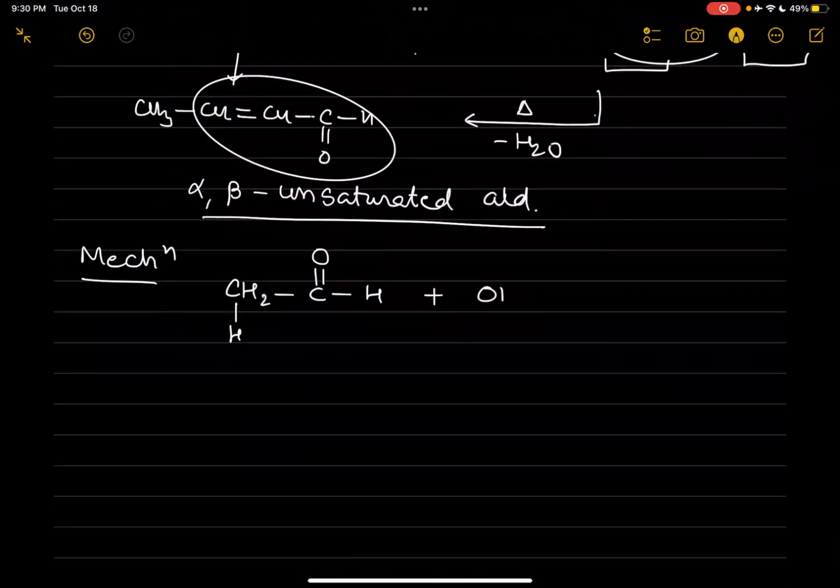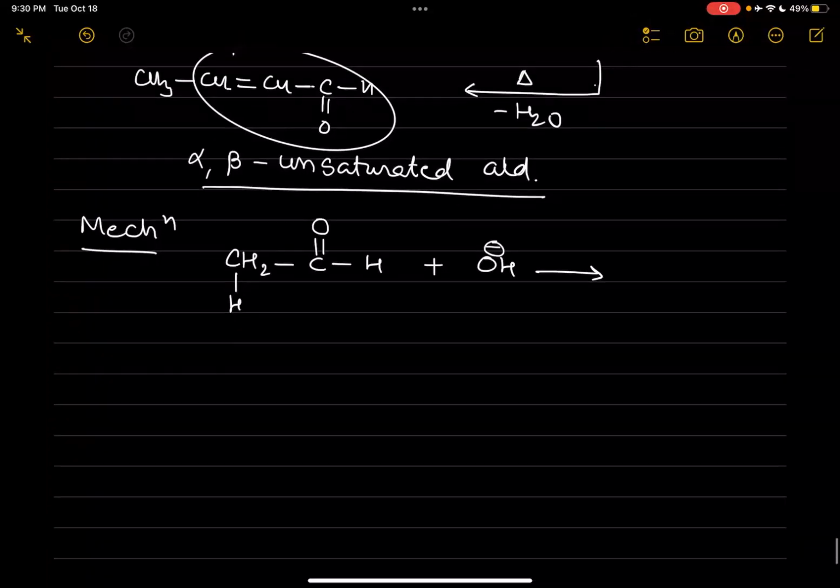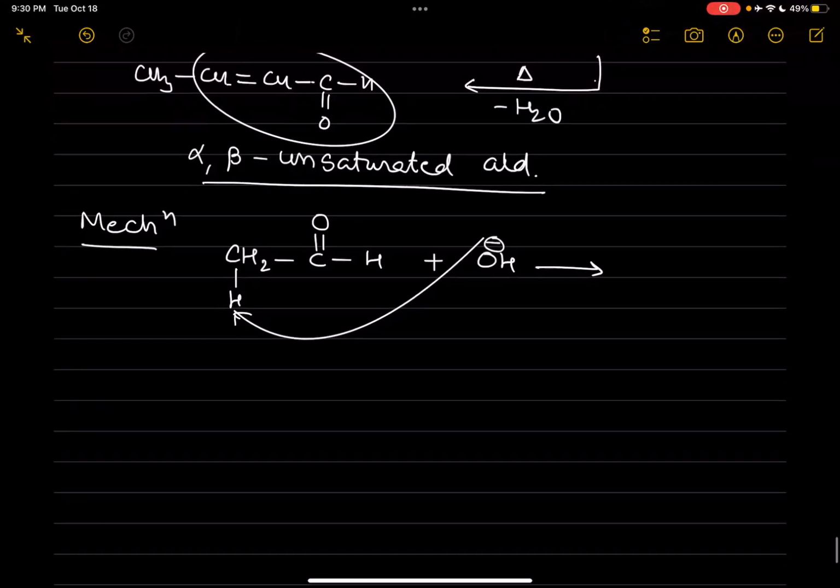And what will a base do? The base will remove the acidic hydrogen. It will break away the acidic hydrogen.